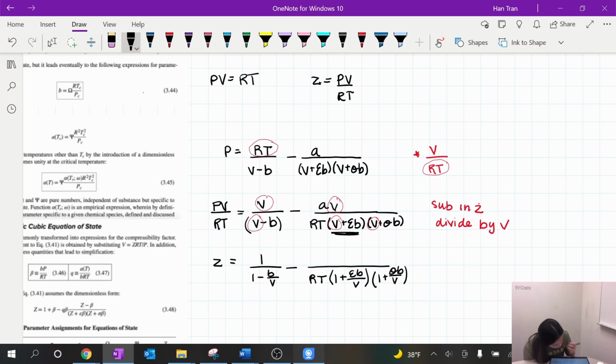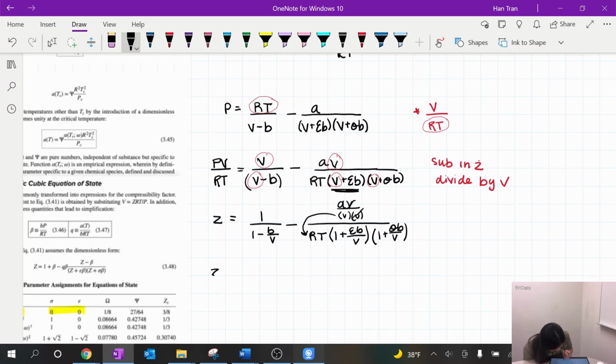And so up here, since I divided the denominator by the specific volume twice, I will divide the numerator by the specific volume twice. So I would get A divided by the specific volume. I'm just going to move that down into the denominator.